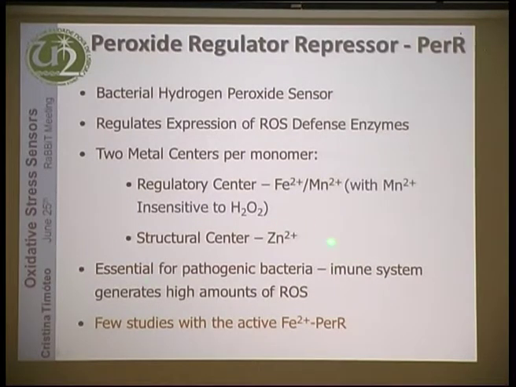And we have a structural center which binds zinc. The importance of these repressors is mostly to pathogenic bacteria because, as I told before, the immune system generates high amounts of ROS. So for pathogenic bacteria, this will be an essential repressor.